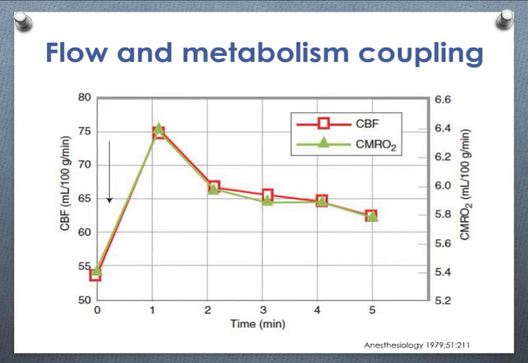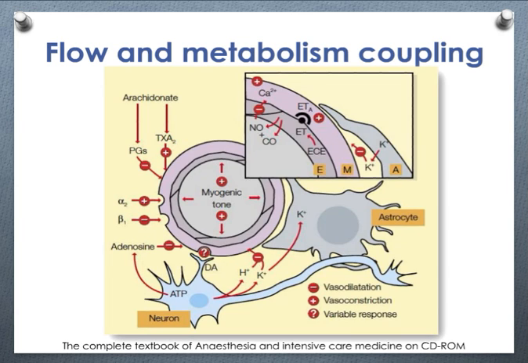But the reason for this change is the changes in the interstitium of the pH due to production of CO2, increasing potassium, and the main effector of this vasodilatation or vasoconstriction, vasodilatation due to the activation, is nitric oxide, mainly nitric oxide, but the change is due to changes in pH in the interstitium.